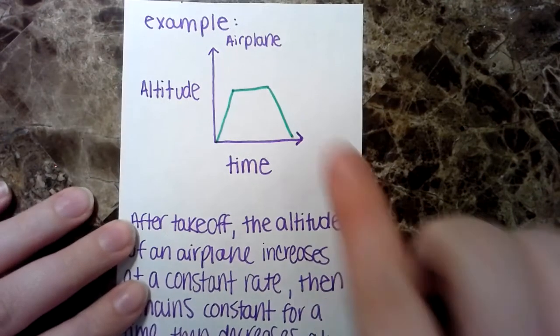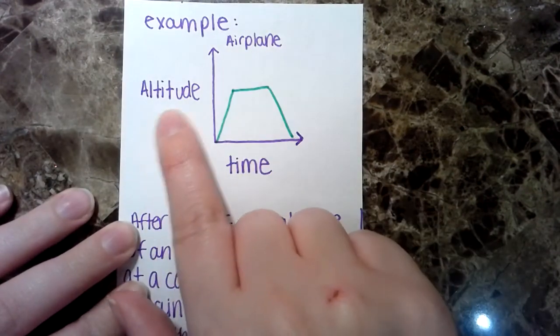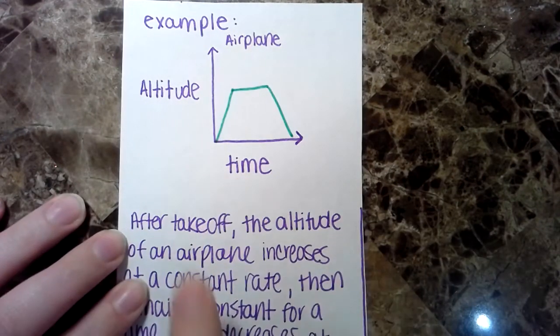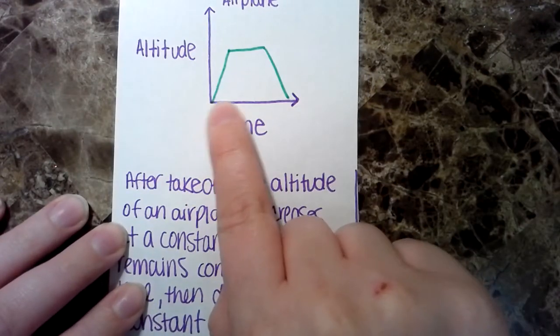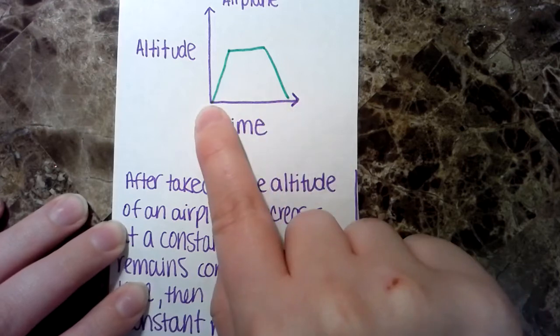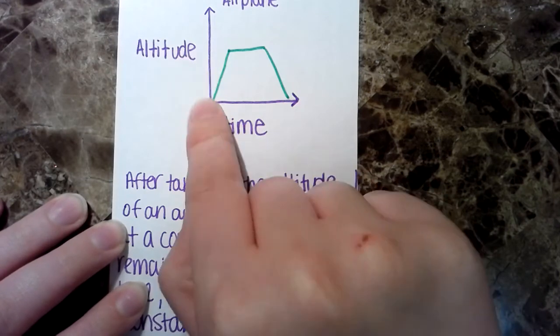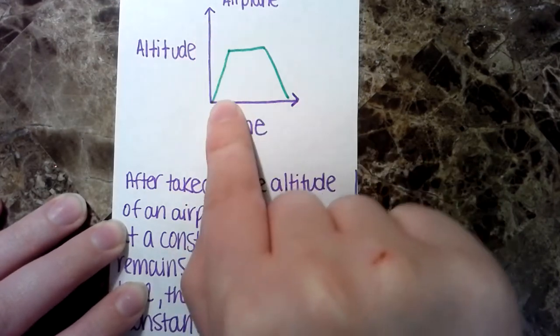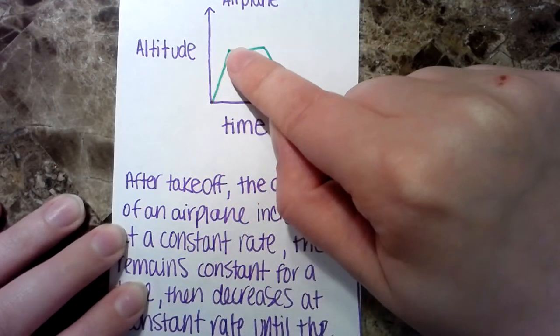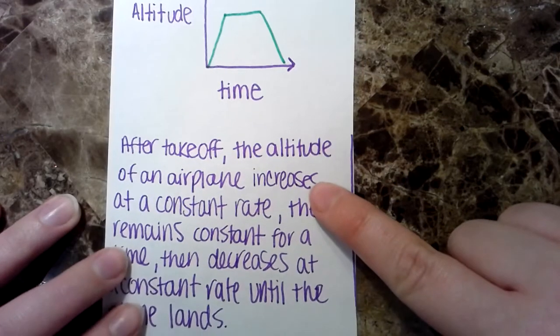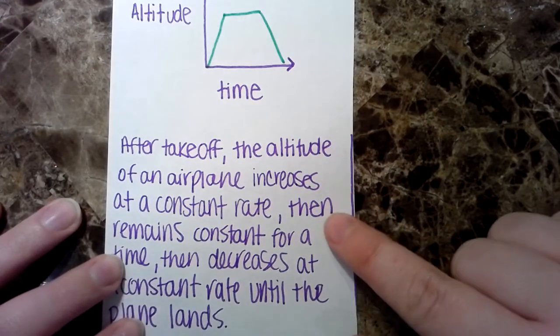Now, an example of this would be an airplane, where we're talking about the altitude and the time. What happens in this graph is as we take off, so this is the starting point where it's basically on the ground. If you think about altitude, it goes higher as the plane goes up. It's increasing. So after the takeoff, the altitude of the plane increases at a constant rate.